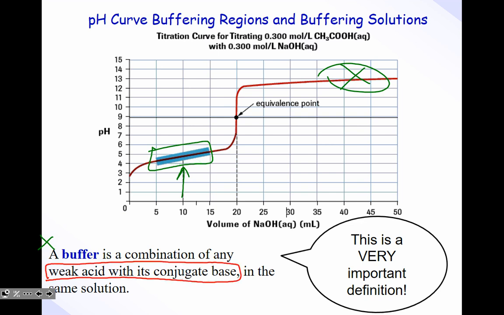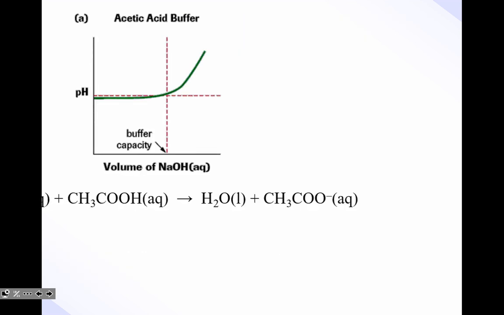So if I add 5 mLs, 10 mLs, 15 mLs of my hydroxide, there's going to be no change. The pH is going to be maintained. There isn't going to be any significant change in pH. That is your buffering region. That's what it does, and what does that is a weak acid and its conjugate base combo.